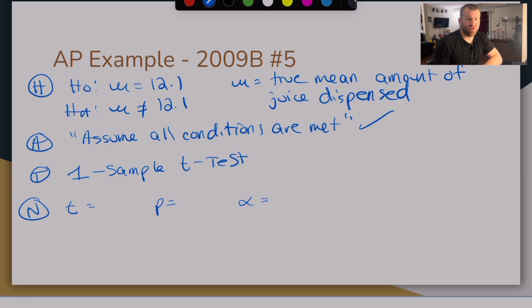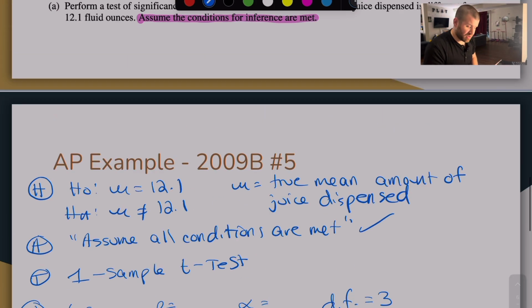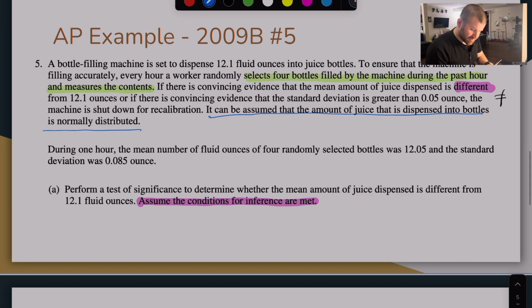Your p-value is either going to be greater than all of them or less than all of them. It's going to be either a really big p-value or a really small one. But I do know that I have 3 degrees of freedom because I had a sample size of 4. When I plug this into my calculator, the mean was 12.05, the standard deviation was 0.085, and the sample size was 4.